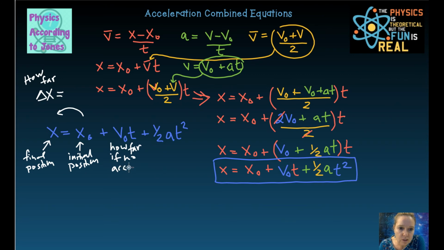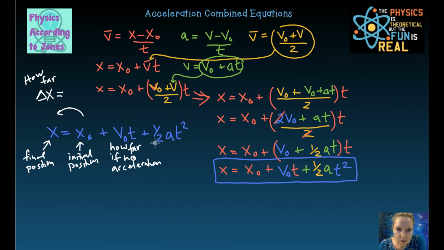So if there was no acceleration, then this would be it. Okay, this would be how far you would end up going. However, we have this factor at the end here.